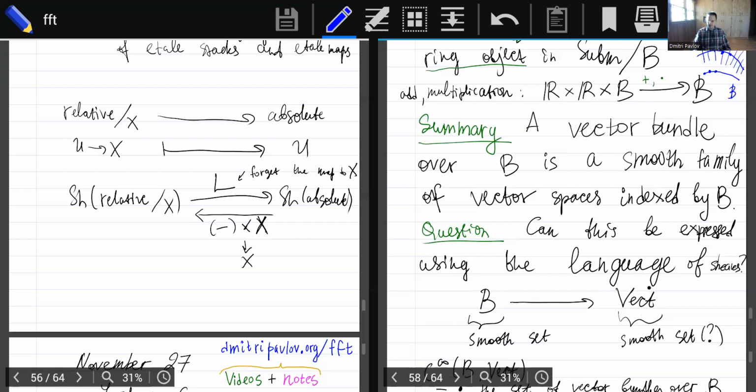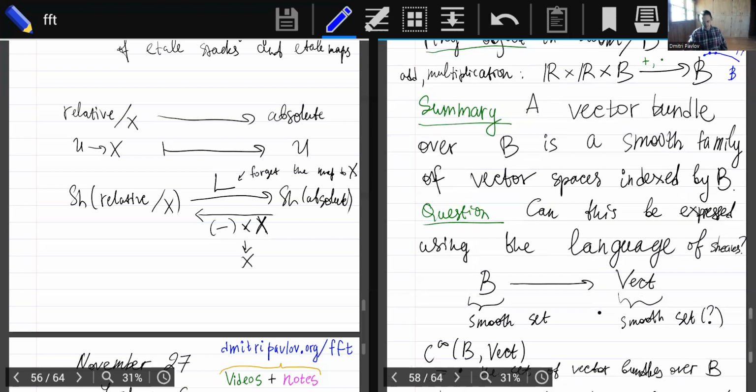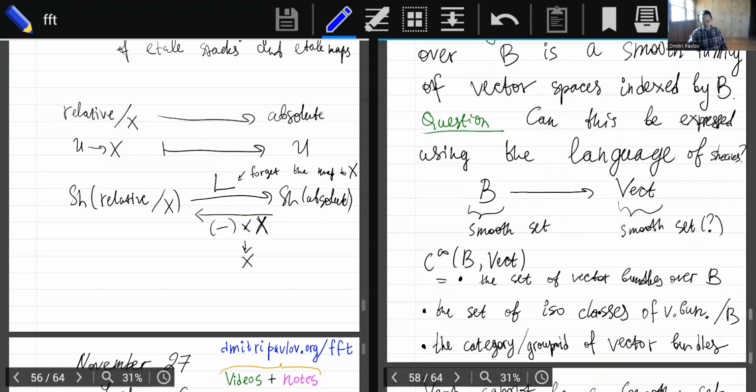This would be a very intuitive expression of the idea that a vector bundle assigns a vector space to every point of capital B, and this assignment is a smooth map in some sense. So I guess we could say perhaps that smooth maps from B to Vect should be the collection of all vector bundles over B.